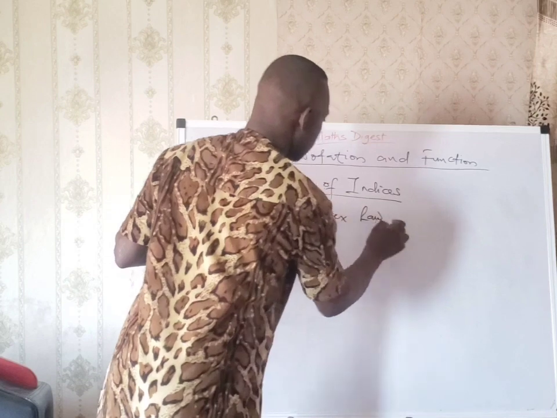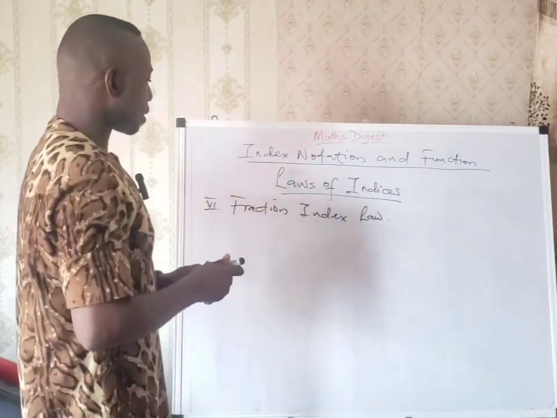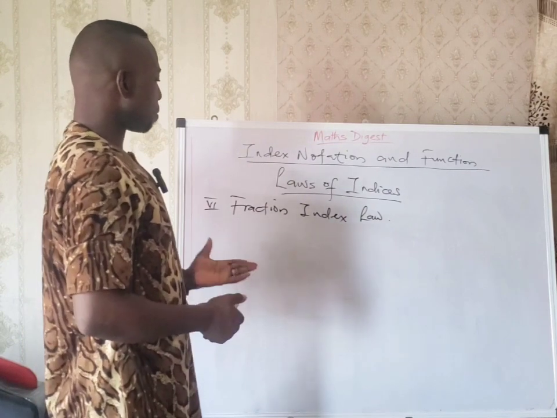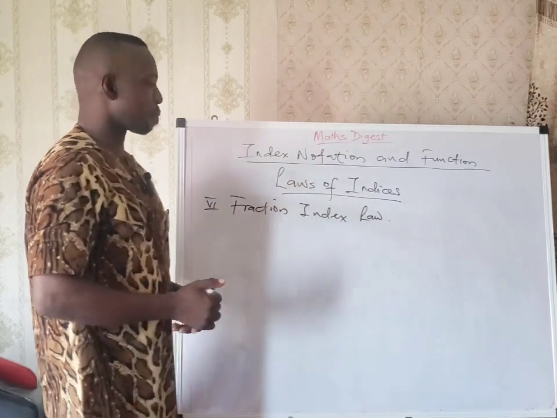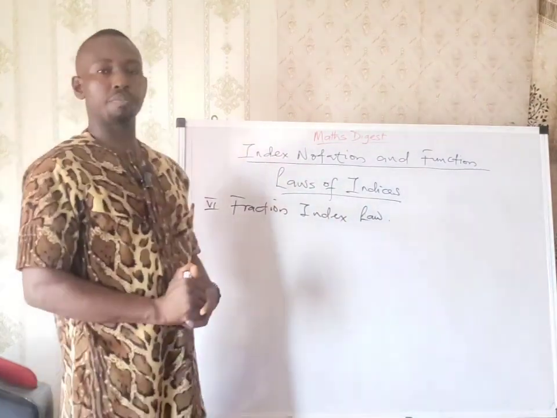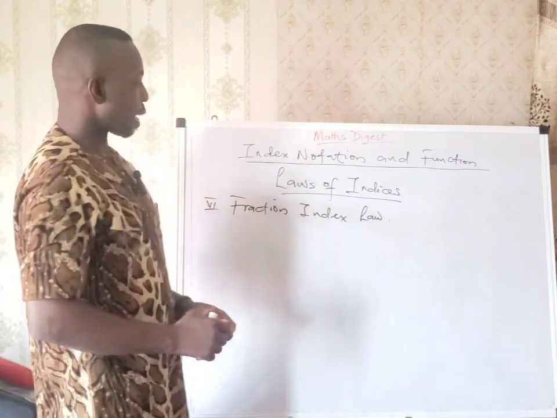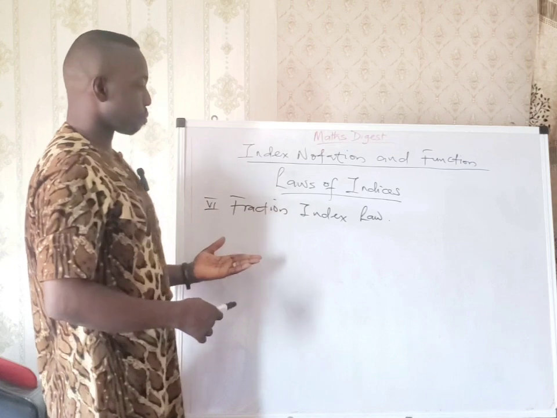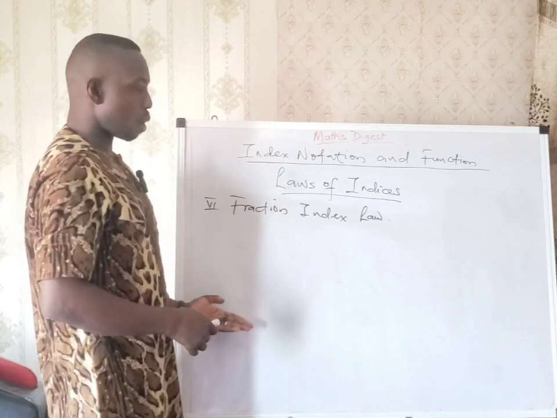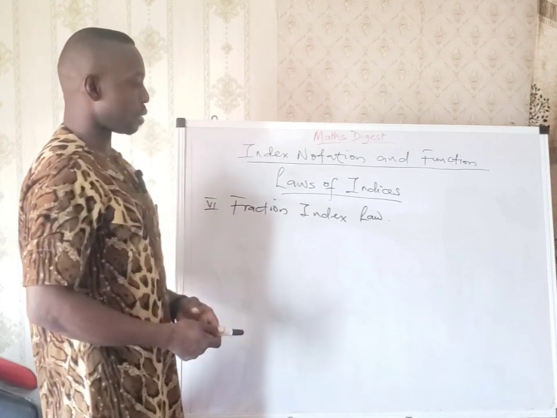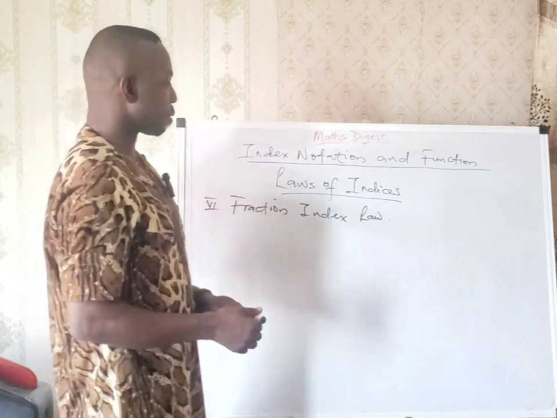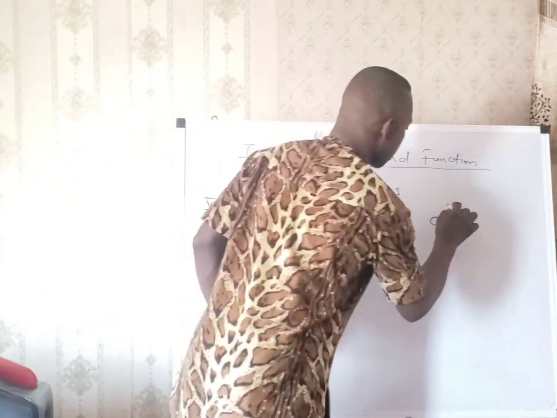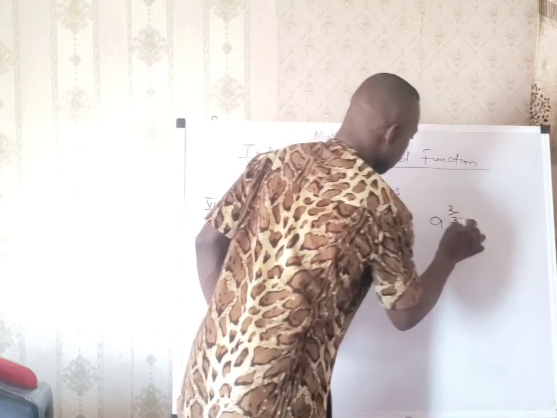This law considers that at times the power can be more than maybe a half, or 1 over 3, or 1 over 4, or 1 over 5, as the case may be. It might be, for instance, a raised to power maybe 2 over 3.